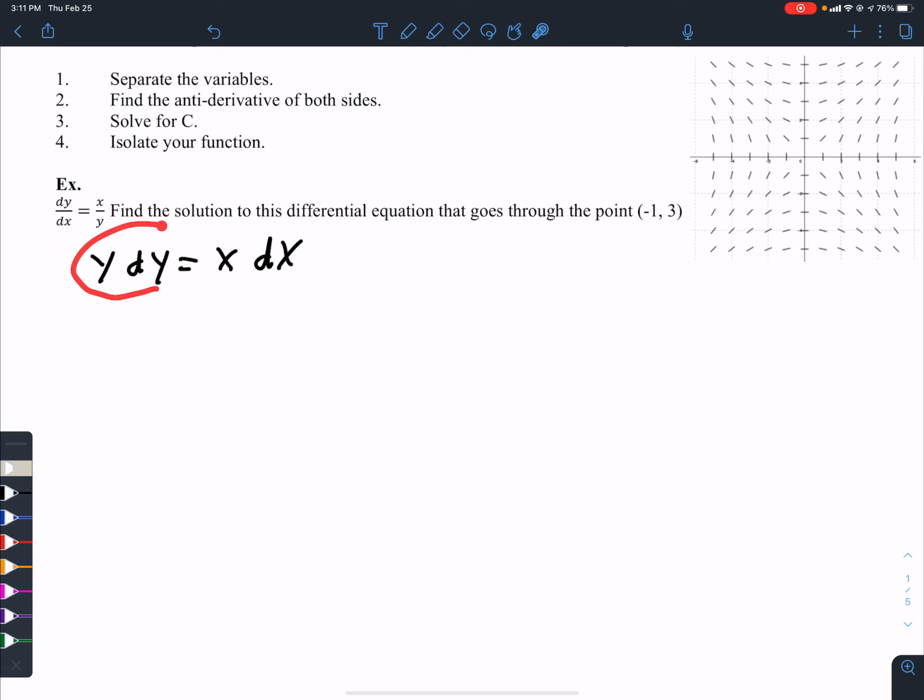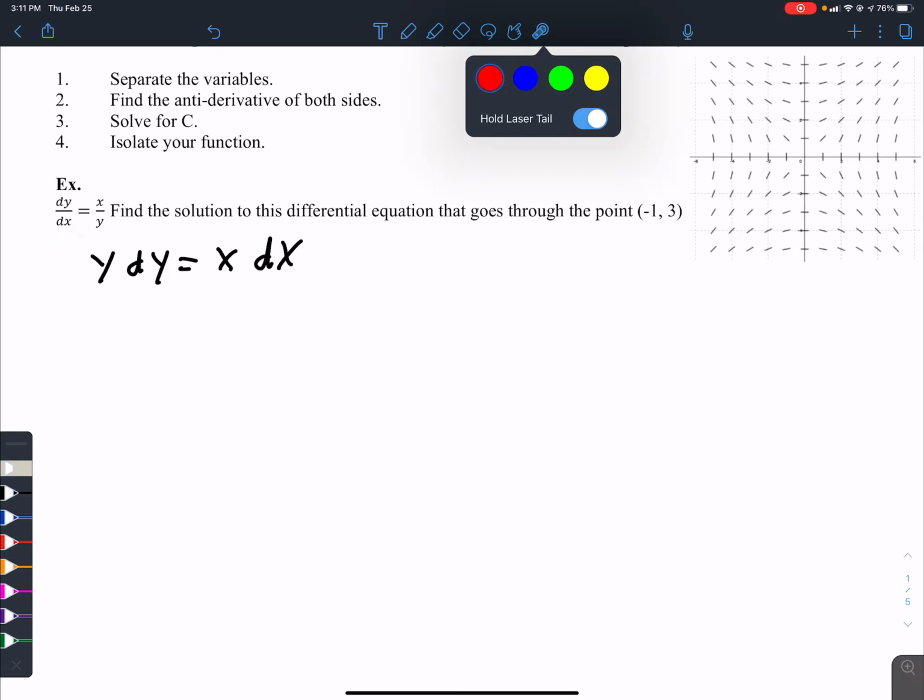I have moved everything with a y on one side, everything with the x on the other. That's called separating your variables, and on the AP test, on the multiple choice, you'll get a point for doing that. Step 2.